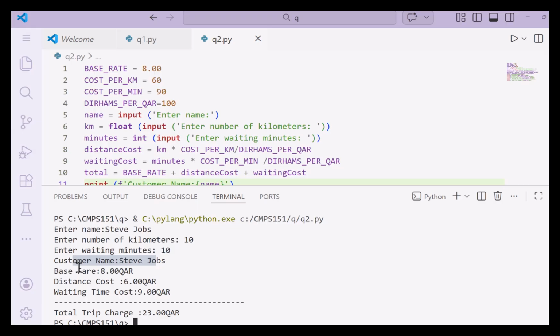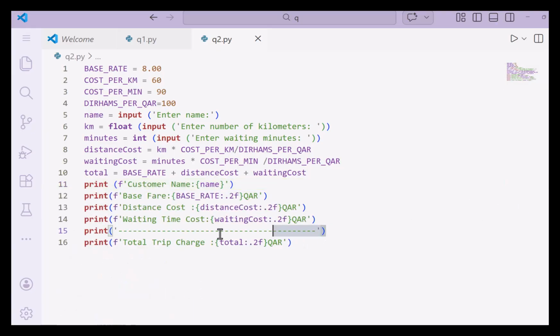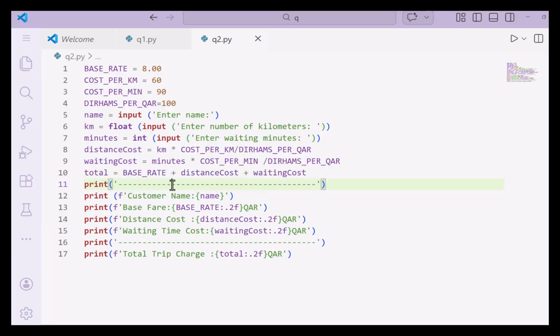Customer name, Steve Jobs, base fare, 8 riyals, distance cost is 6 riyals, and waiting time, total trip charge is whatever amount. Again, okay, here, taxi receipt, let us say, just some kind of output.